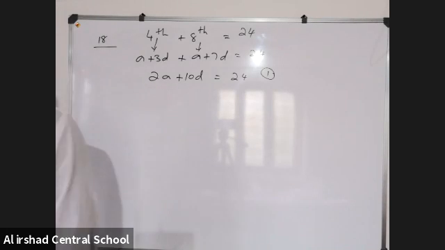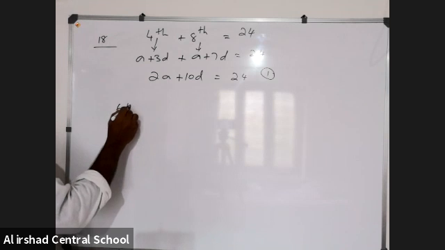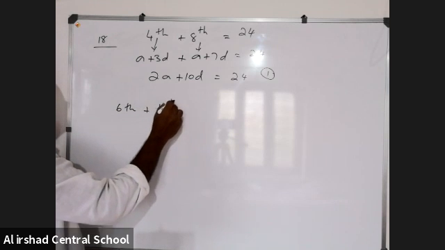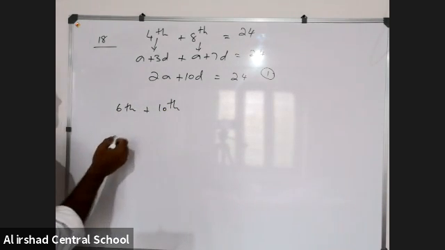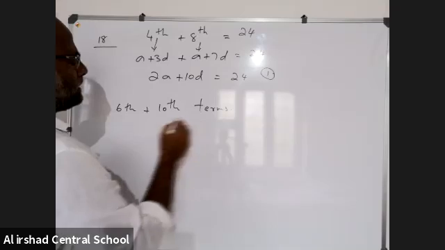Now, next, you can complete it. You have to do that. Next one, like this, make an equation. The sum of the 6th and 10th term, 6th plus 10th terms. These all are terms. Write this one.